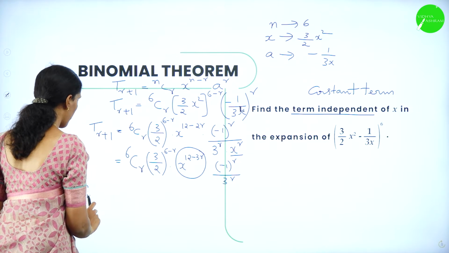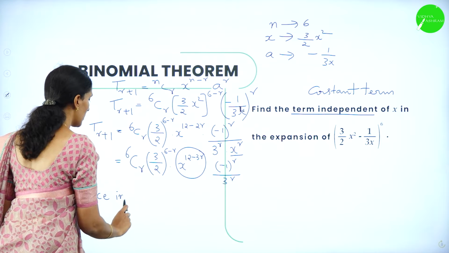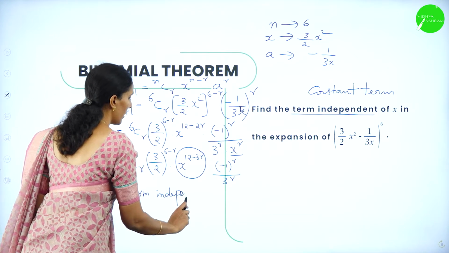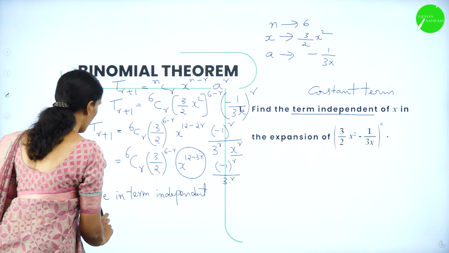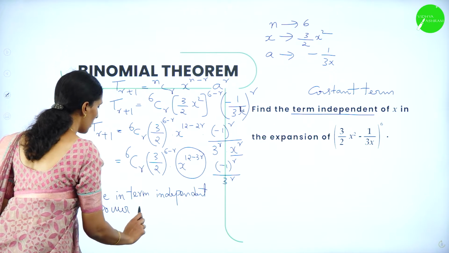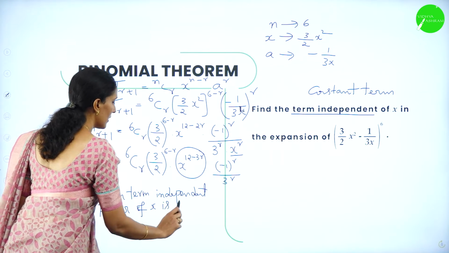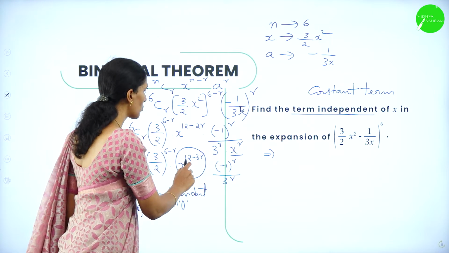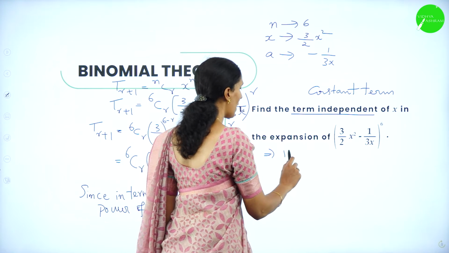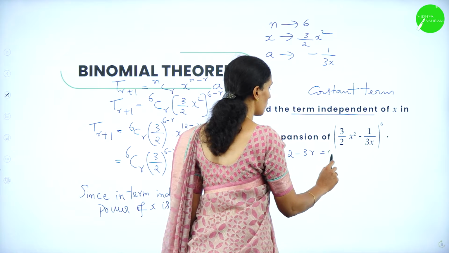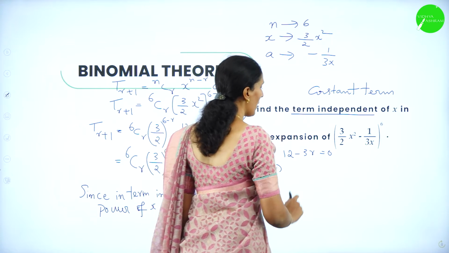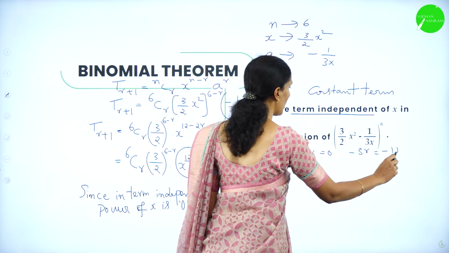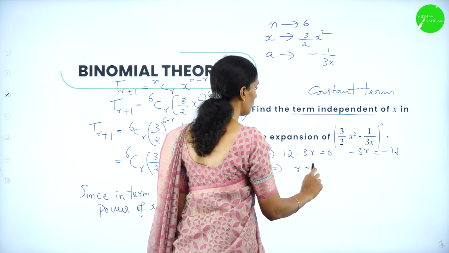Since in the term independent of x the power of x is 0, this implies 12 - 3r = 0, which means -3r = -12. So, therefore, r = 4.